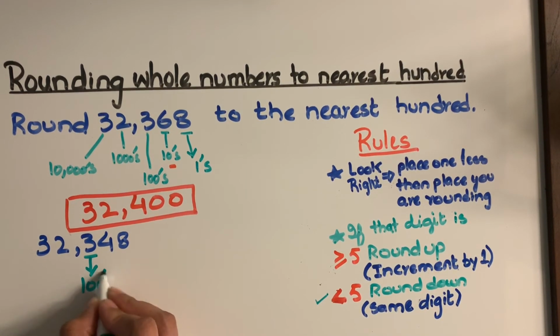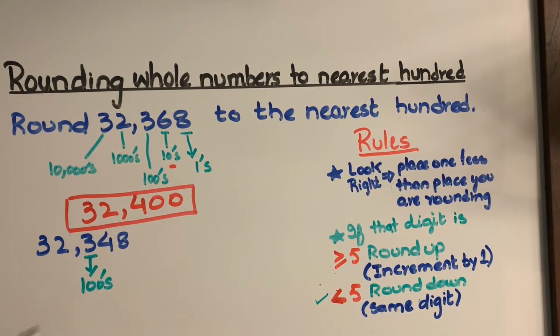Let me write it here, hundreds. And what we have to do now, we have to look to the right side of this place, meaning the place one less than the place we are rounding. So we are rounding hundreds, and the place one less than this one is the tens place. And we have the digit 4 in the tens place.